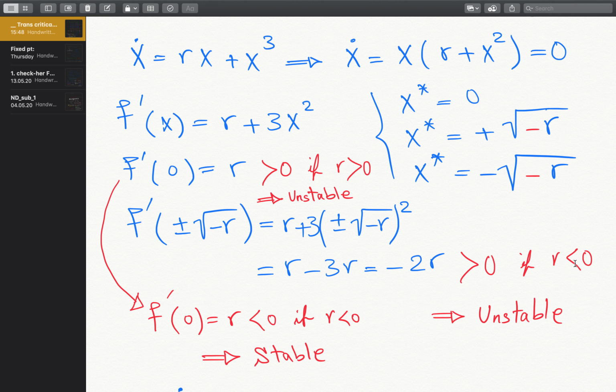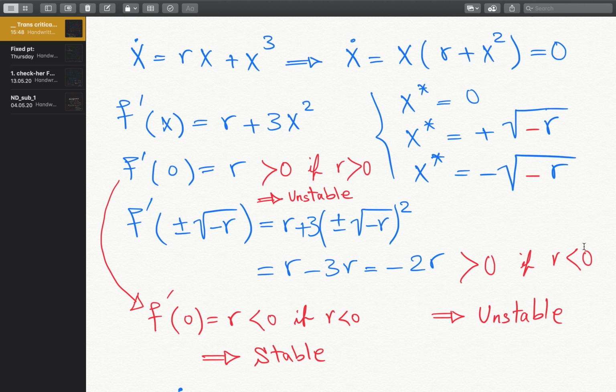And if r is negative, then this minus makes the whole formula f prime positive, therefore it is unstable.